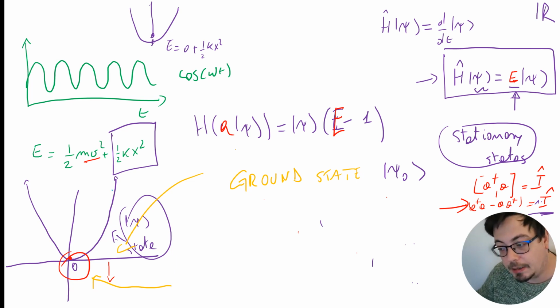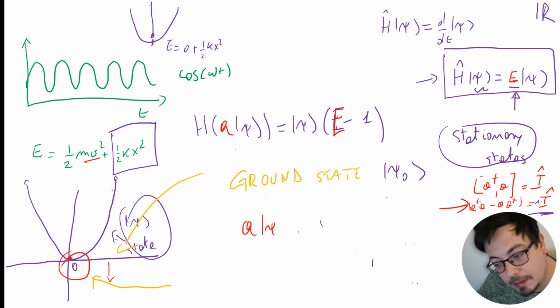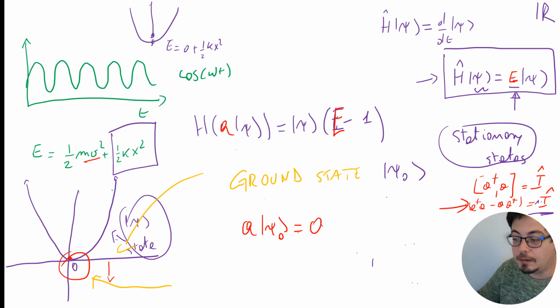How do we find it? We find it solving this equation: A psi 0 equal to, whatever, 0. Okay, because when we apply the minimum energy and we subtract 1, we get 0, so zero point energy.